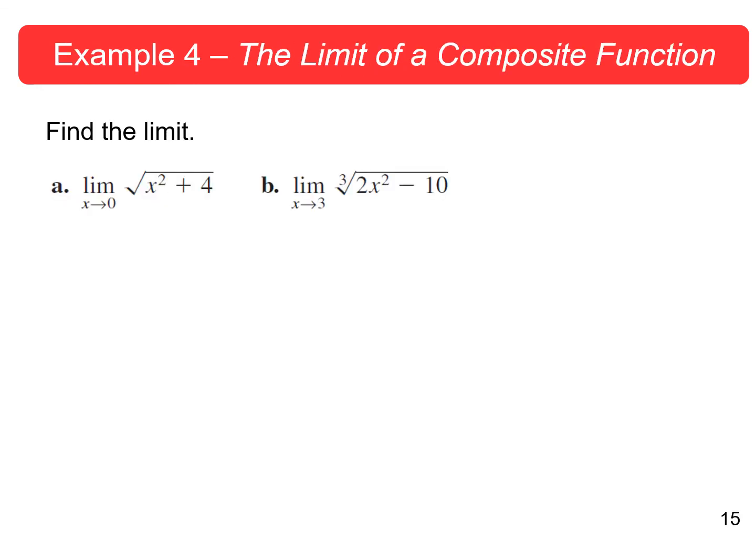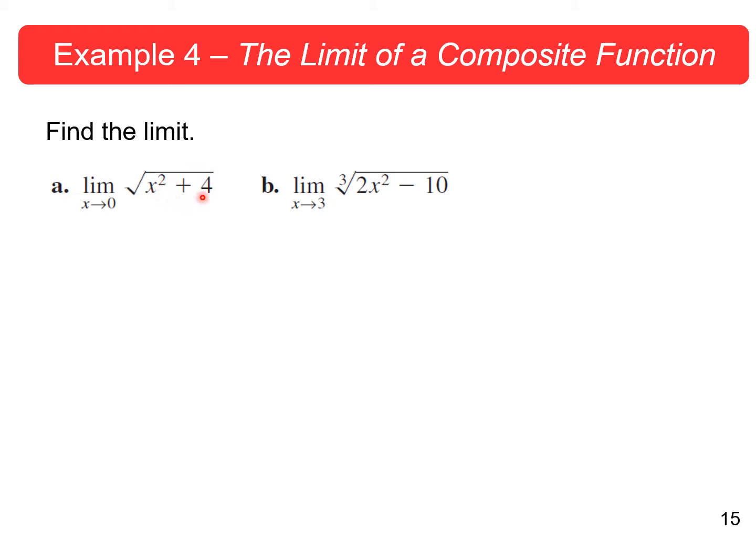As an example, let's consider these two items. Let us evaluate the limit of the square root of x squared plus 4 as x approaches 0. Before we proceed, we know that we can just use direct substitution here, because this is one of the basic functions. So when we use direct substitution, we have 0 squared plus 4, that is just equal to 4.